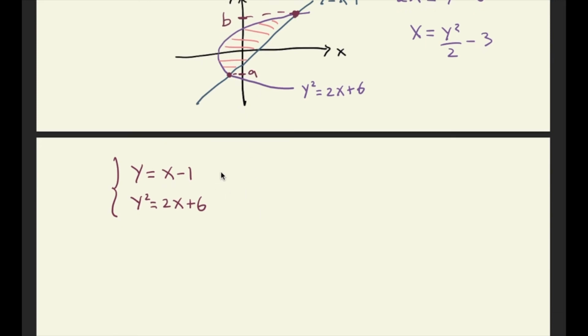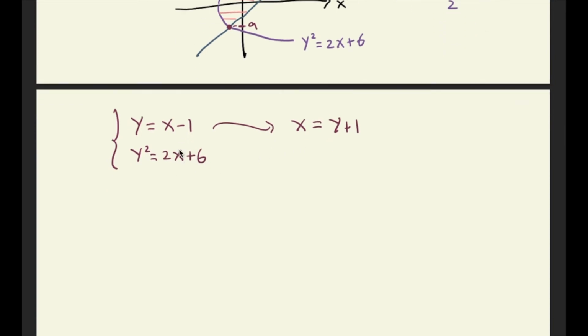Basically, I'll just take this y equals x minus 1 here. And this tells me that x is equal to y plus 1. And then if I take that and plug into the second equation, I'll get an equation just in terms of y, a quadratic equation in y, which I can solve.